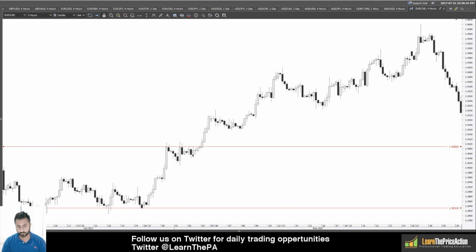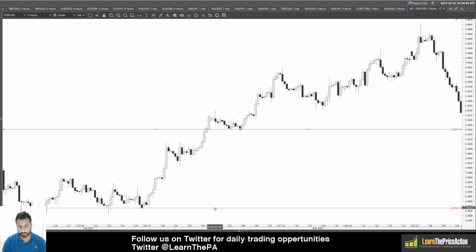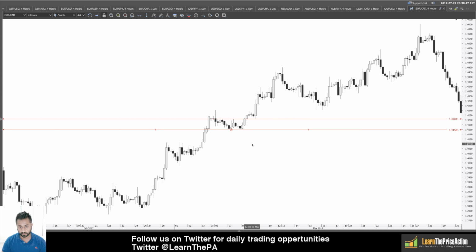So market moves up, creates a new hook point and then holds above it. So that means it's a new hook point here. So that means your new resistance is right here, and this is the new hook point it has created for us. So what we're gonna do is we're gonna move this line here, and actually that line we should move it here, and this is the last low.